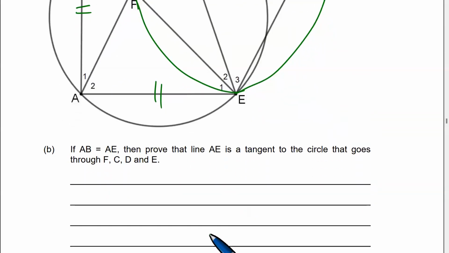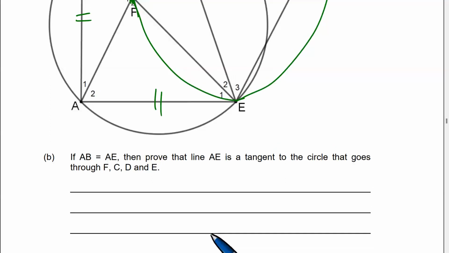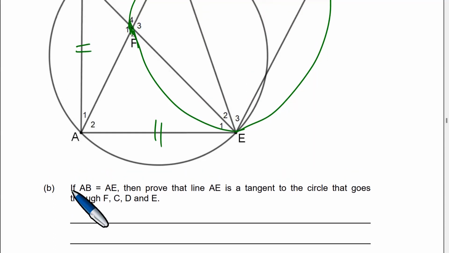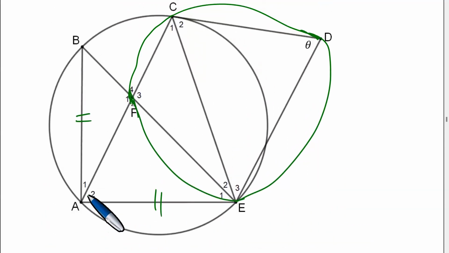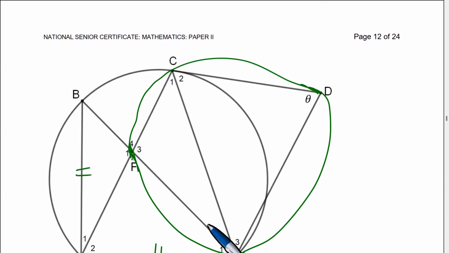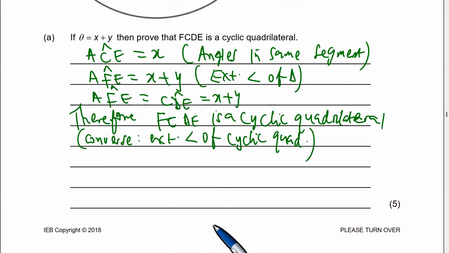Right, so if you have the fact that AB is AE, obviously, it means a couple of things. It means, therefore, at this point, what do we know about these angles?